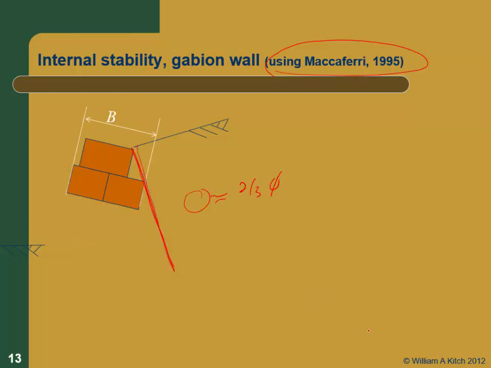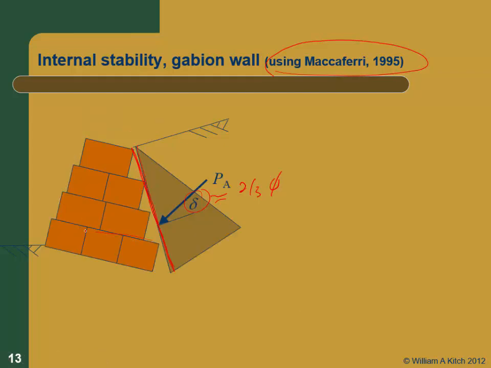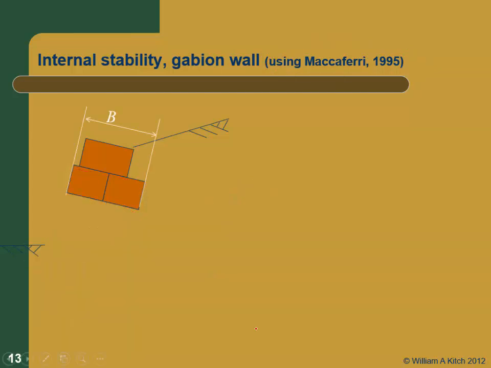And then for our internal design, it should be obvious that the places this can fail internally are along these horizontal interfaces. So we just go to each one of those, and we have to check the interface capacity for each level.